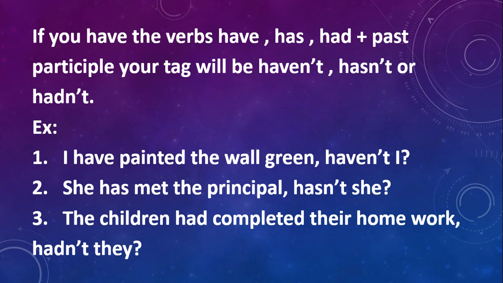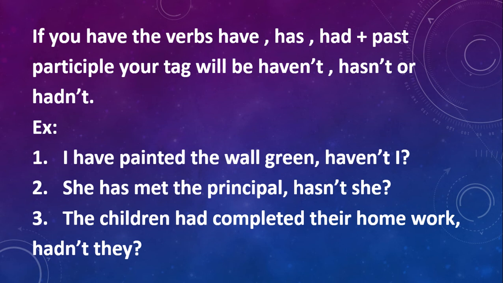If this case is positive, you have to use only the tags like haven't, hasn't or hadn't. For example, I have painted the wall green. In this sentence, you can see that there is a presence of a verb called have, and then it is followed by a past participle, painted. So you have to use only haven't I.